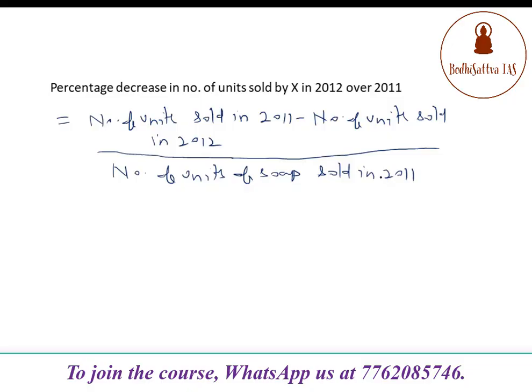We will have 2011 as the denominator, because we are finding the decrease in the number of units sold in 2012 in comparison to 2011. So 2011 will be in the denominator, times 100.